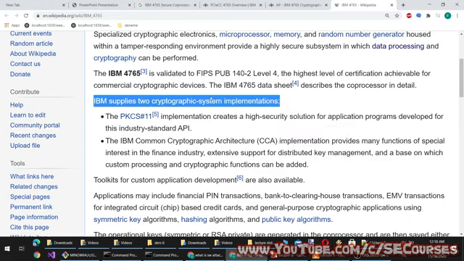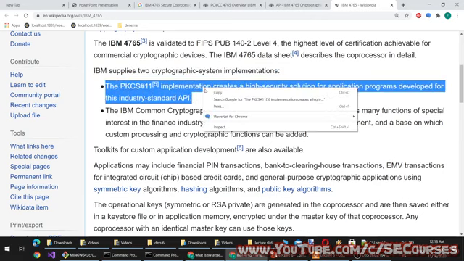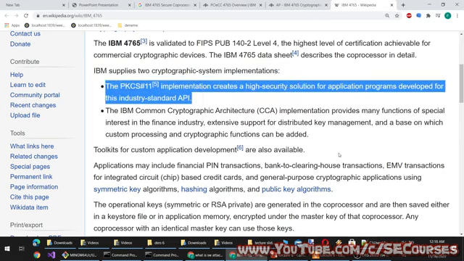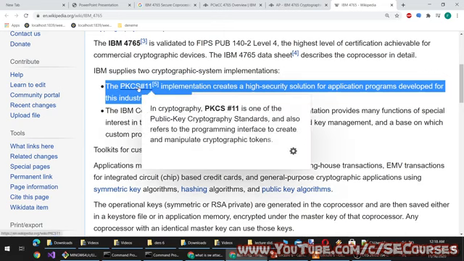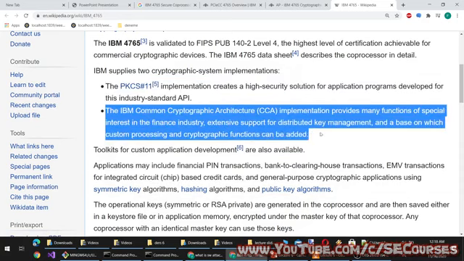IBM supplies two cryptographic system implementations. The PKCS #11 implementation creates a high-security solution for application programs developed for this industry standard API.